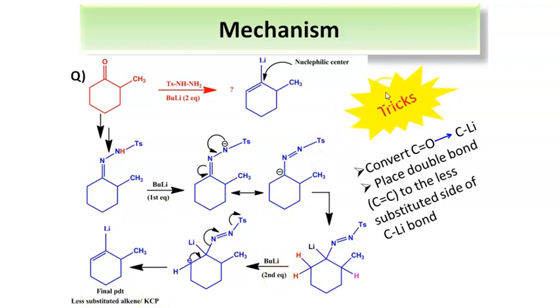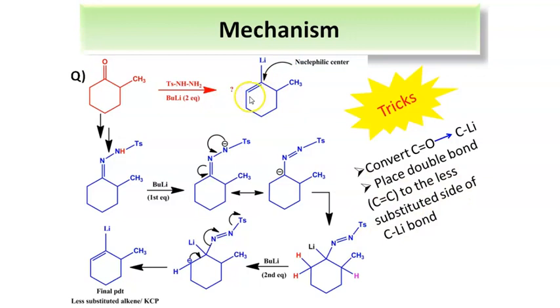Okay, let me explain the tricks. Once we are able to identify that this is a Shapiro reaction, do two things. At first, convert this C double bond O to a C-Li bond. Then, next what we will do? We will place the double bond, C double bond C, to the less substituted side of the C-Li bond.